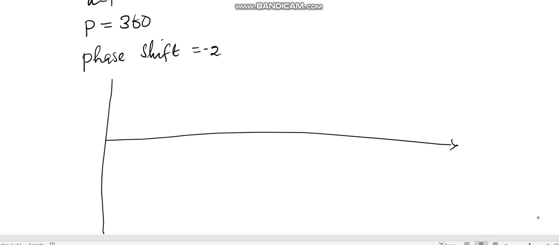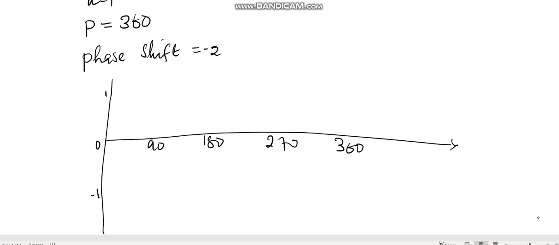Okay, so here this is our 0 there, 90, 180 degrees, 270 and 360 there. So a normal sine graph has a maximum peak value of 1 there, and we have a negative 1 down there.